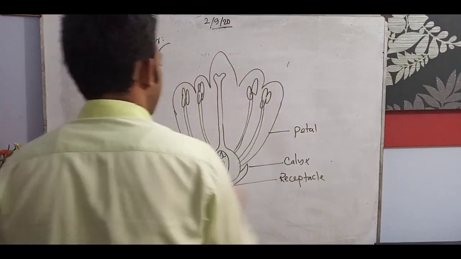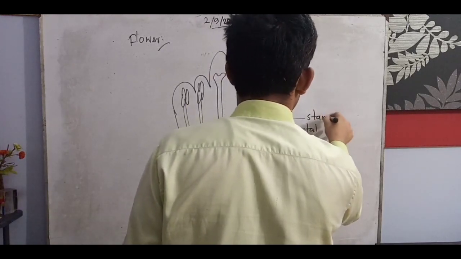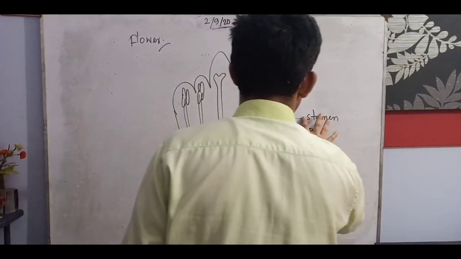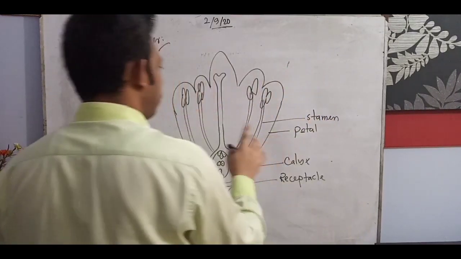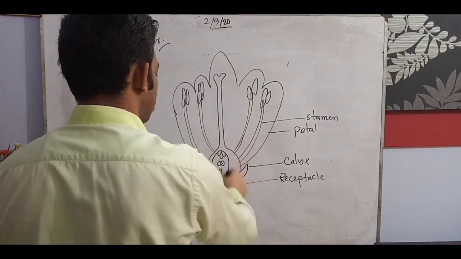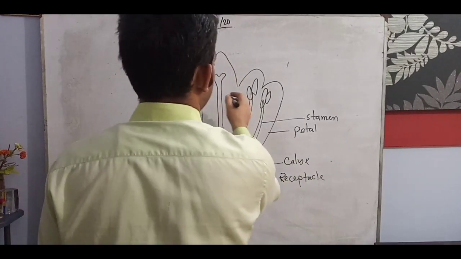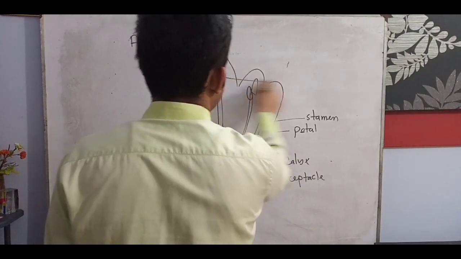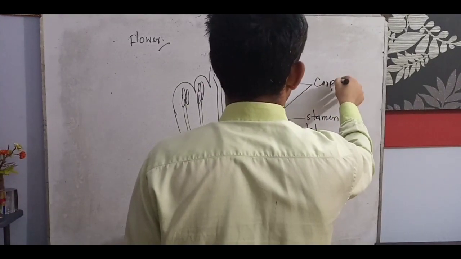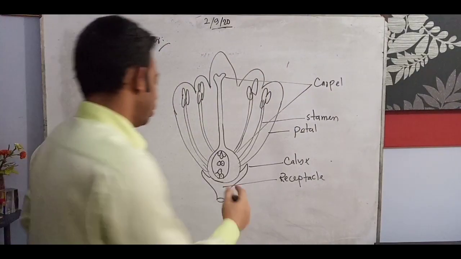And this one is the stamen, and all of these stamens are counted, and this total part is known as the carpel. Yes, so it is very important to know about that figure.